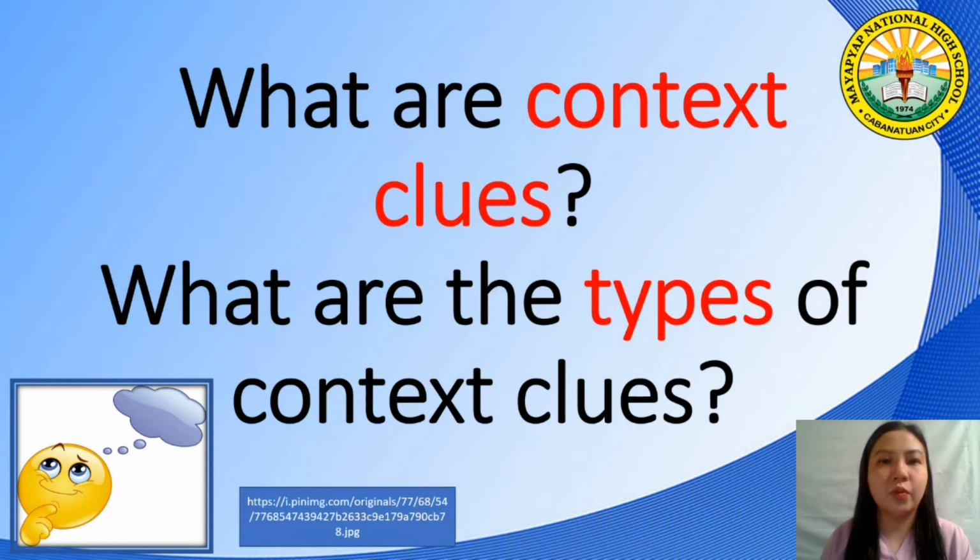The unfamiliar word is shown to be the same as or like another word. Fourth one is contrast or antonym. The unfamiliar word is shown to be different from or unlike another word and is often an opposite. And then the last one is example. The unfamiliar word is cleared up by giving an example.